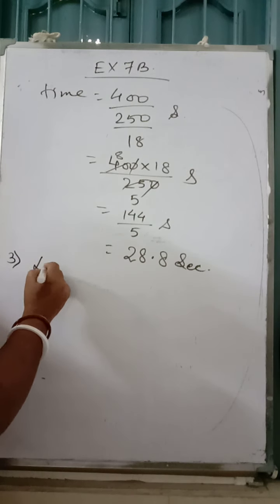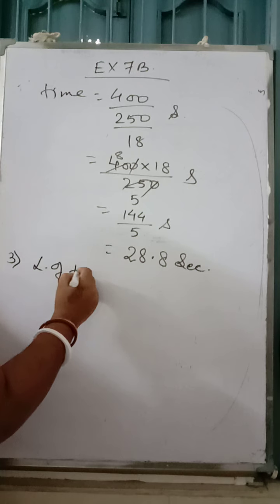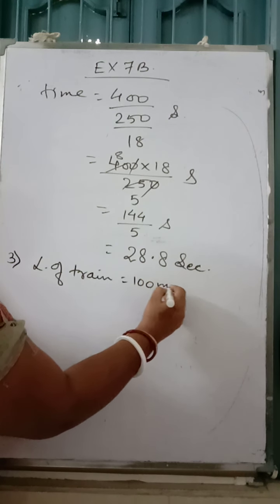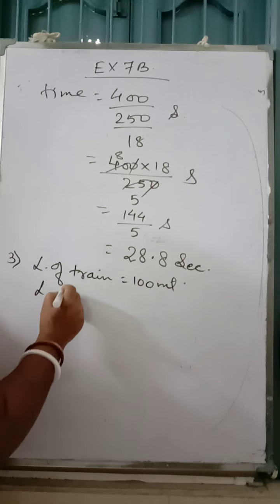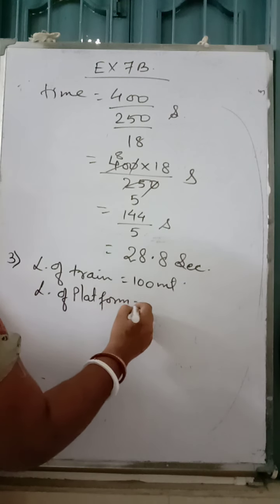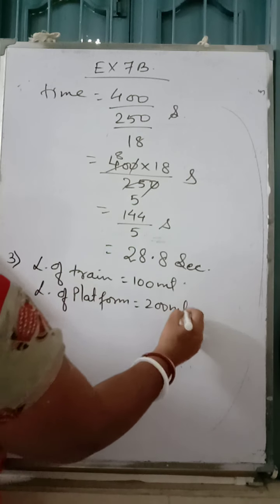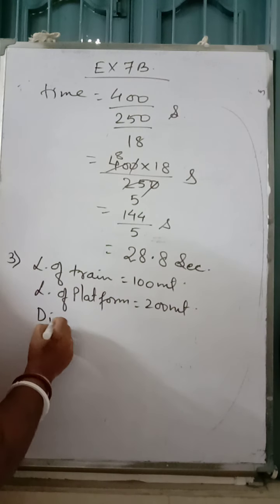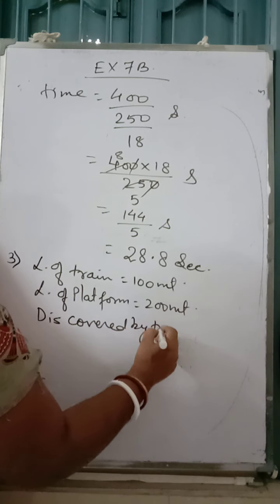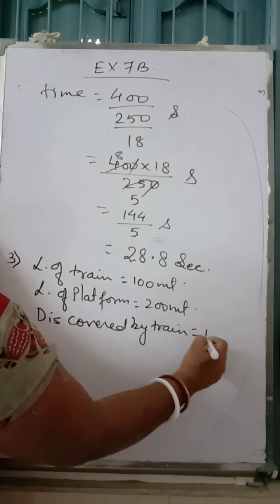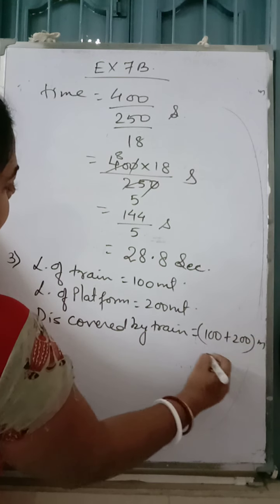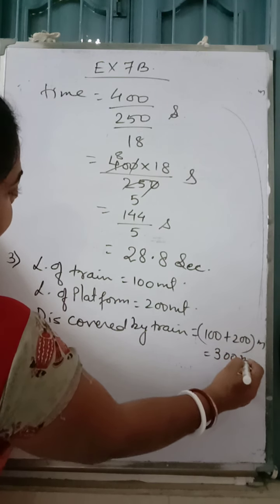Length of train is 100 meter. Length of platform is 200 meter. So distance covered by the train is 100 plus 200 meter, or 300 meter.